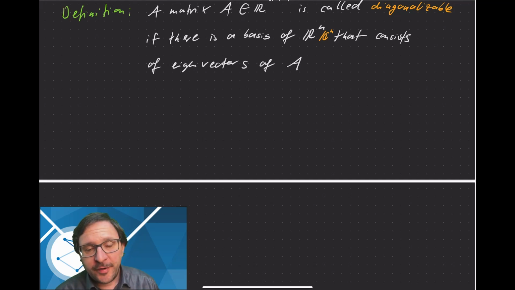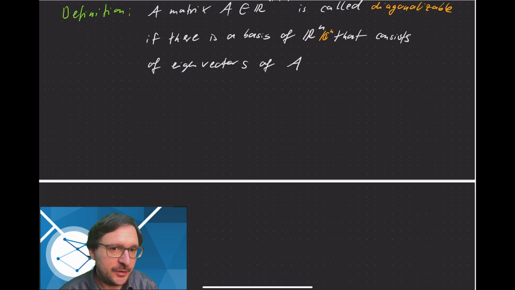Okay, so far we already know one thing. If we have an eigenvalue, then of course there must also be a corresponding eigenvector. So for each eigenvalue there is at least one eigenvector. The question is, what can we say about the number of eigenvectors that can be associated to an eigenvalue? If we're just talking about the number, then of course that is infinite, because every multiple of an eigenvector is again an eigenvector.